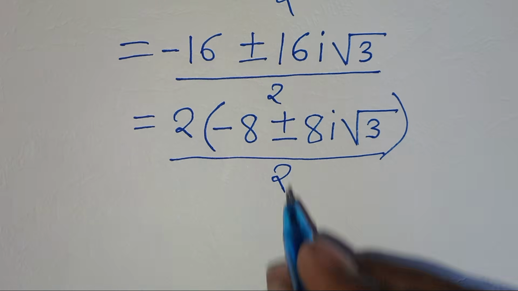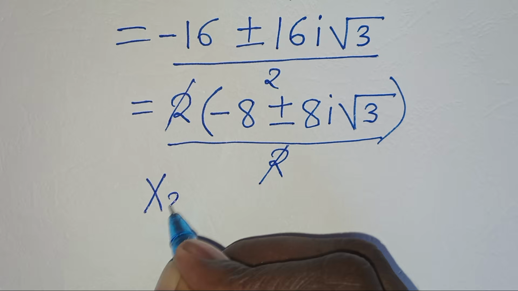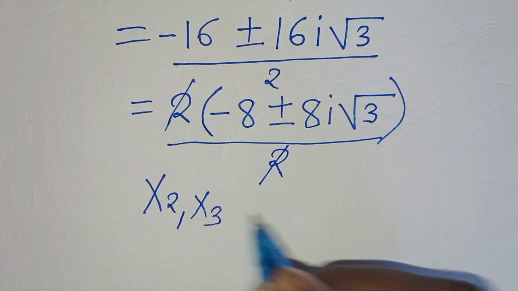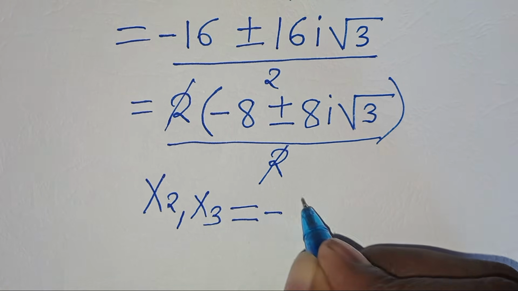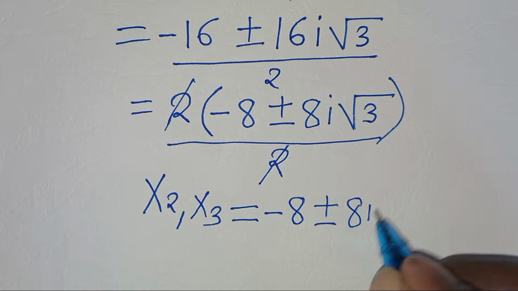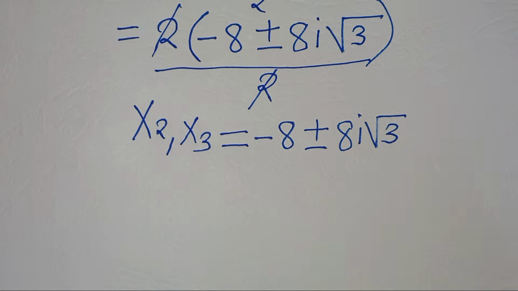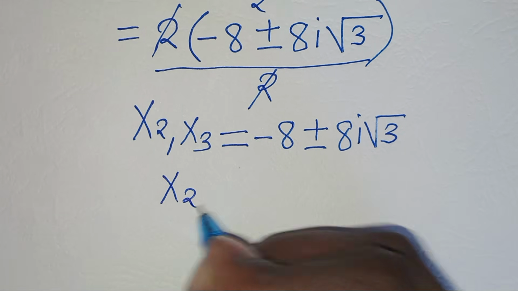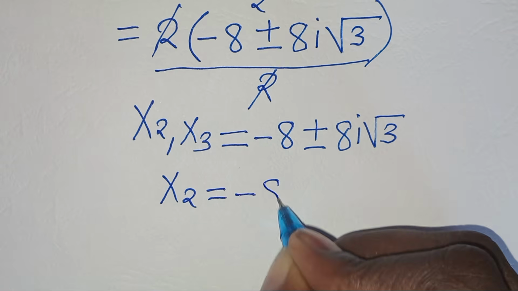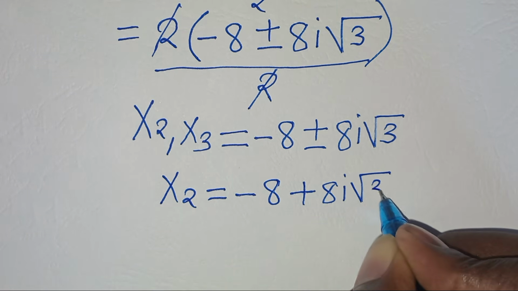So this implies that we simplify 2 and 2 here so that x2, x3 is equal to negative 8 plus or minus 8i square root of 3. So this is to mean that x2 is equal to negative 8 plus 8i square root of 3.